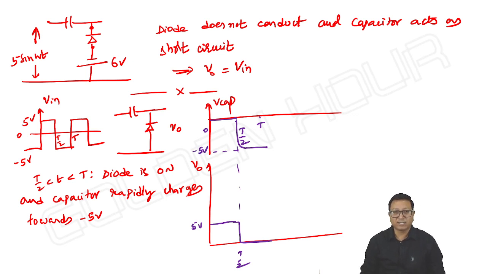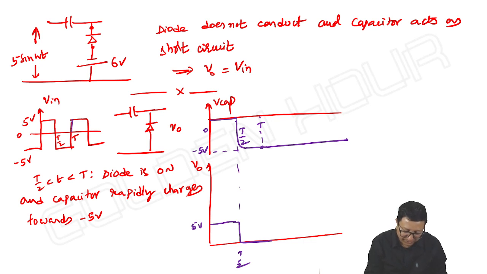Next, for t greater than capital T, the input is positive, diode becomes off. Once the diode is off, the capacitor can neither charge nor discharge, it holds that -5 volt forever. So once the diode is off, whatever the variations you have in input, all those can be seen across the output.